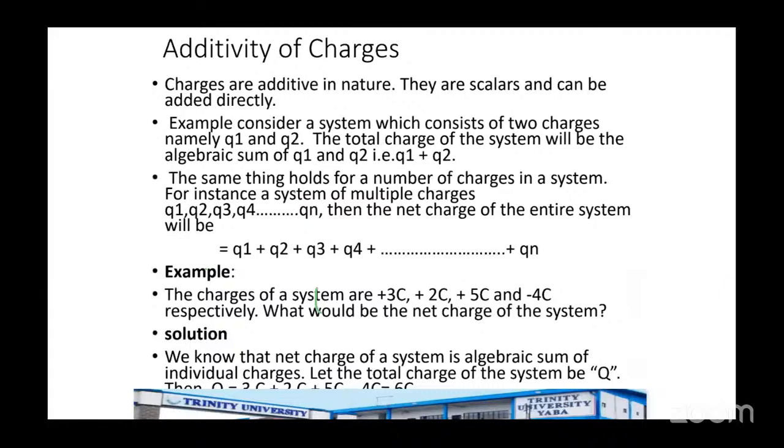For instance, here we have an example where a system has positive 3 coulomb, 2 coulomb, 5 coulomb, and minus 4 coulomb.